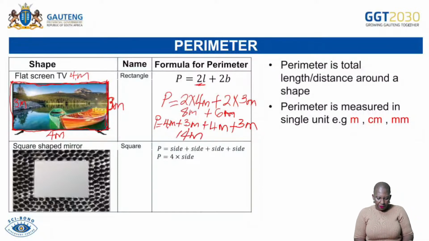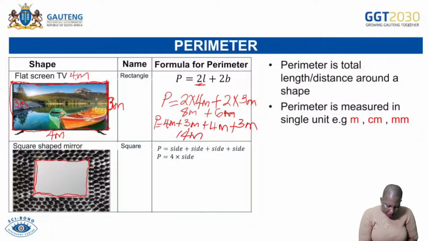The same applies with a square. If you check the mirror here, my inner mirror, it is a square. All the sides are equal. So I just say side plus side plus side plus side. If they say one side is 3 meters, then it will be 4 multiplied by 3 meters.